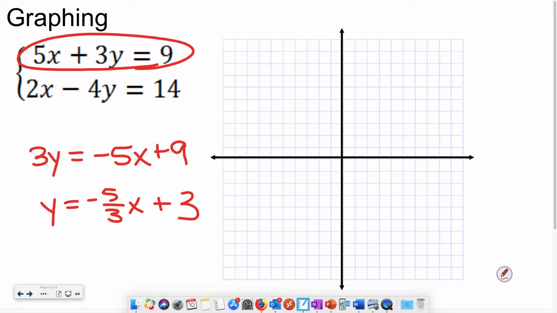All right, if we solve for y. So we know that our y-intercept is 3, and our slope is -5/3. Rise over run. Right?